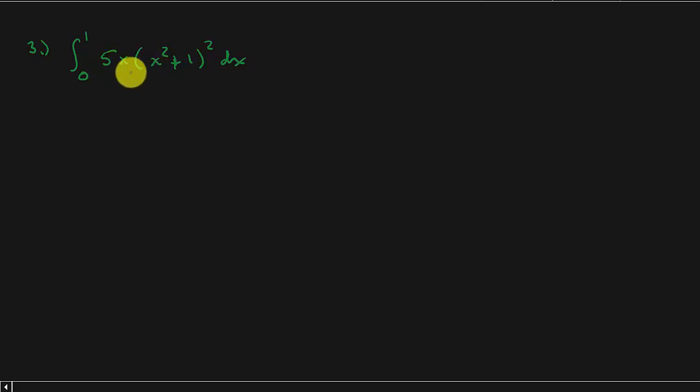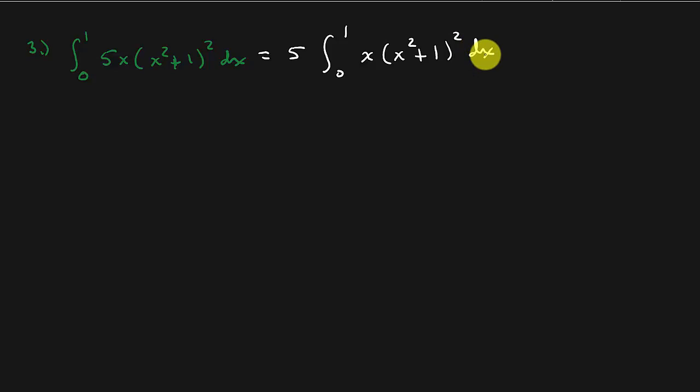Here we've got 5x. The x's match, but the coefficients don't. The numbers don't match. So what I like to do, if the numbers don't match, is take that number, that 5, and just pull that out. Remember, you can pull a number out. You can't pull a variable out, but you can pull a number out of the integral.